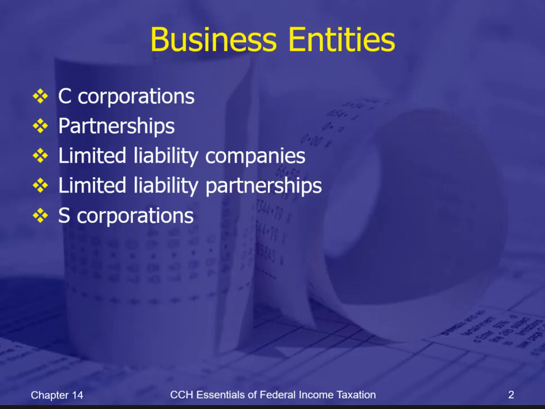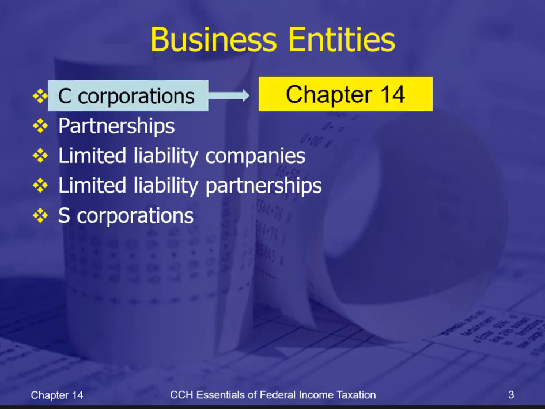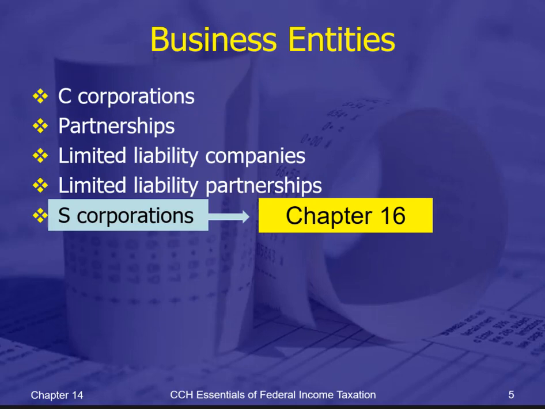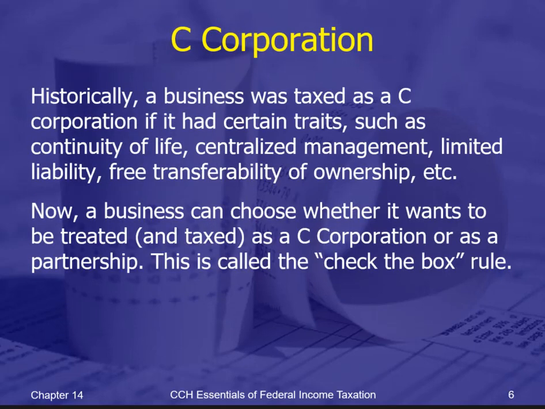Partnerships, limited liability partnerships: from a standpoint of federal income taxation, all three are the same, so they're all treated the same. And then S corporations are another entity that look an awful lot like partnerships as well. C corporations, Chapter 14. All of the partnership entity types are in Chapter 15. S corporations, our last chapter, Chapter 16.